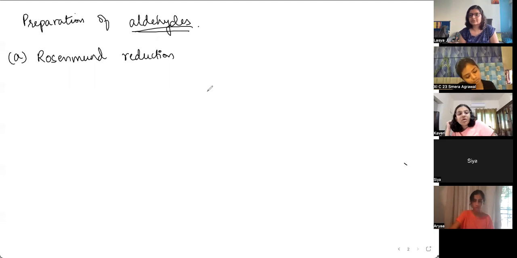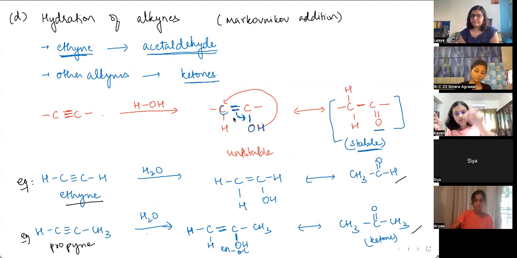Also, one more question about tautomerization. It's always going to happen that one bond of the triple bond goes with the O and then the H is transferred there, right? Yes.